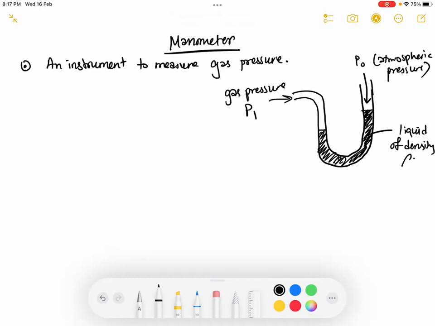So now we need to know the difference of the height of this liquid on both sides. So let's say this is the level. So this right here is H. Now you simply use the formula rho GH. So if you want to know P1, that is going to be P0, which is the atmospheric pressure, plus rho GH. That's it.